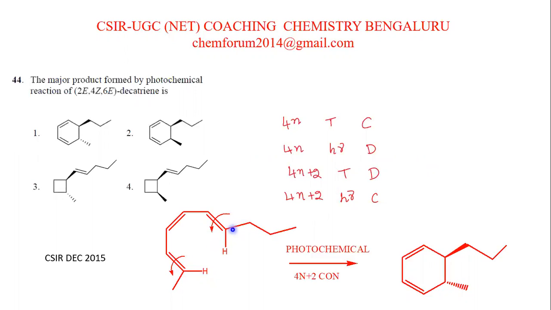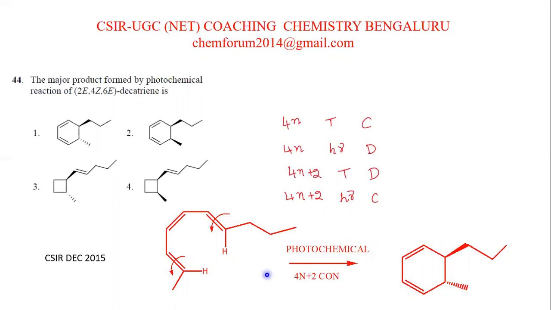When you rotate the substituents as shown in this direction, this substituent will go up and this will go down. Do the same thing here. The two substituents rotate, and this goes up, and the methyl comes down. So in the product, the methyl has come down and the substituent has gone up.